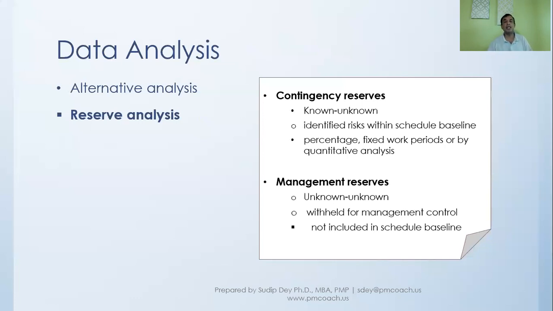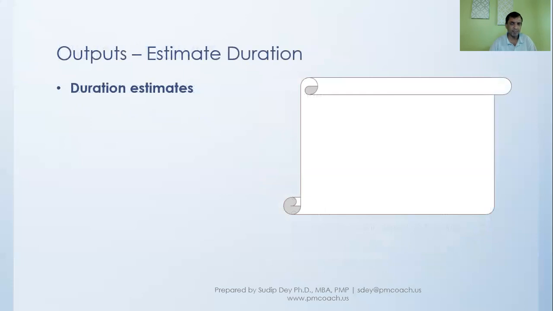So you are saying that as part of your schedule baseline, it is 190 days. Then, on top of that, the management will probably plan from their end to say that, okay, I'm putting another 10 days for some management reserves for unknowns. So these are some reserve analysis that will go in as part of the analysis process.